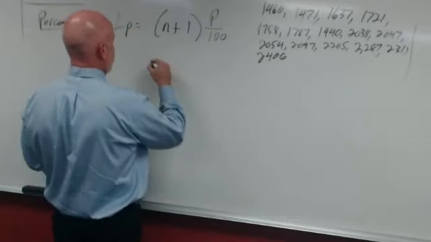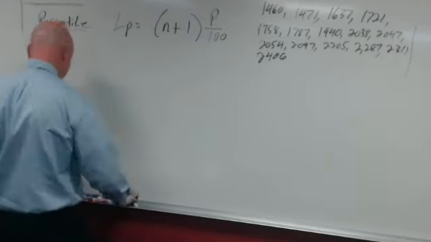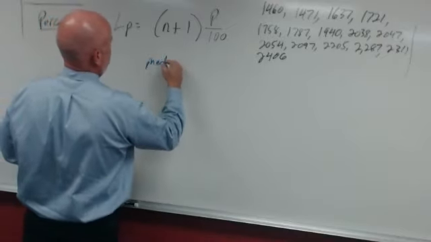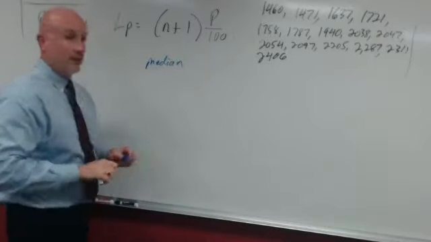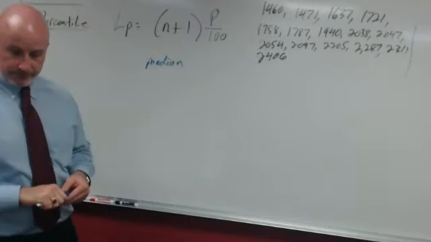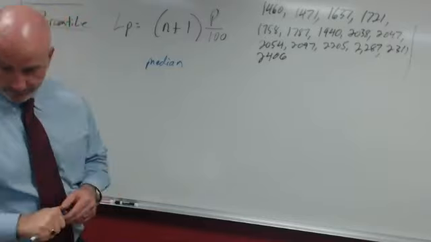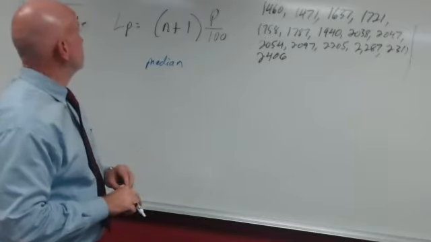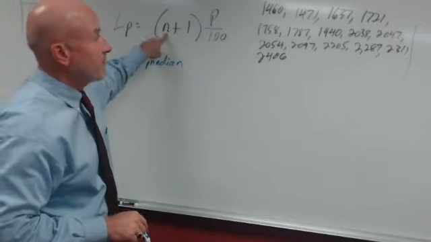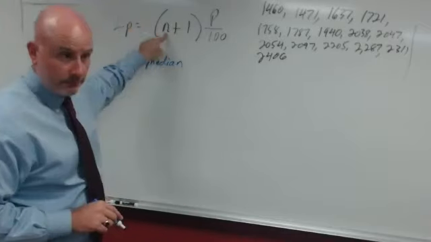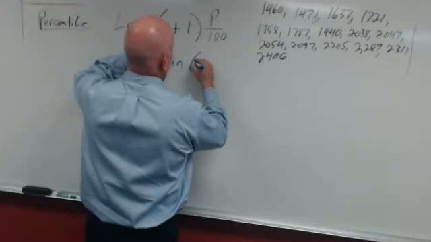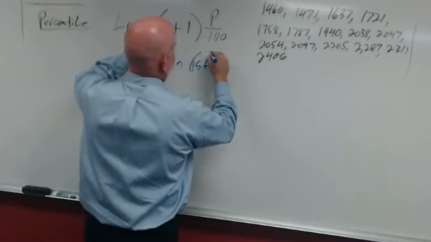First, we said we would solve for the median. How many values are up there? 15. So 2038 is your median. So 15 plus 1.